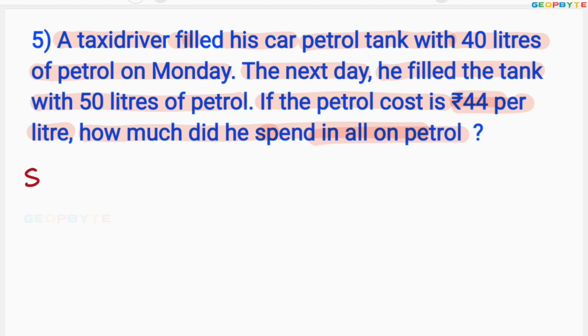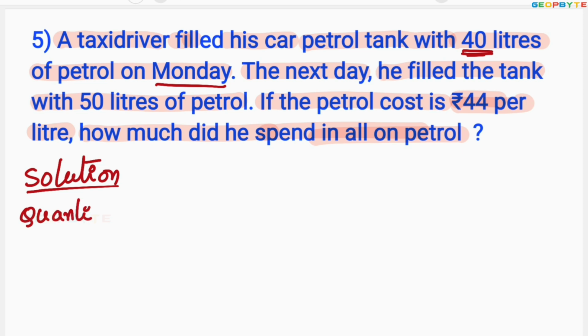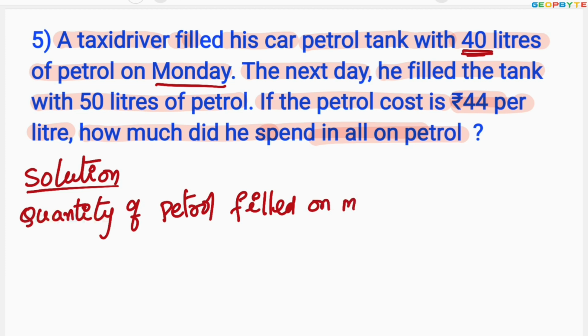The solution is like this. What is the quantity of petrol filled on Monday? Monday it is 40 liters. Quantity of petrol filled on Monday is equal to 40 liters.